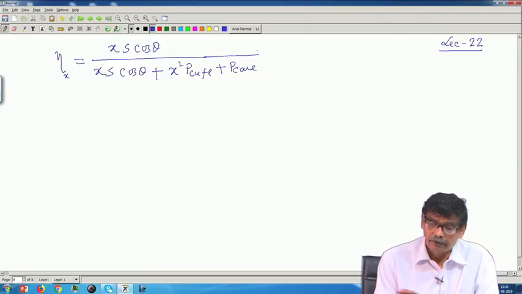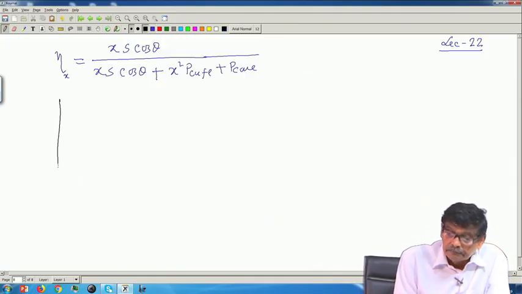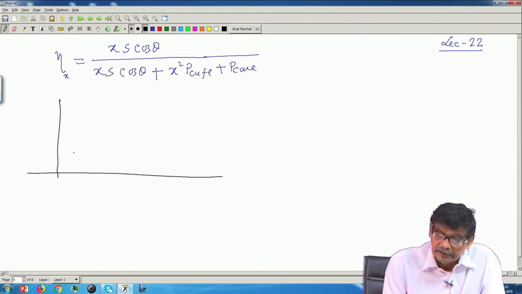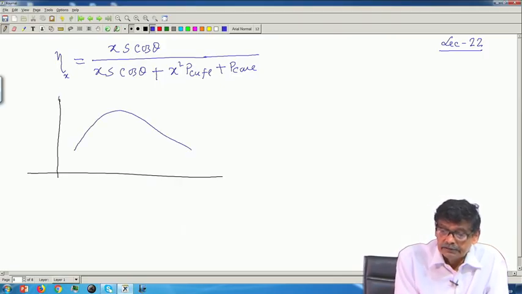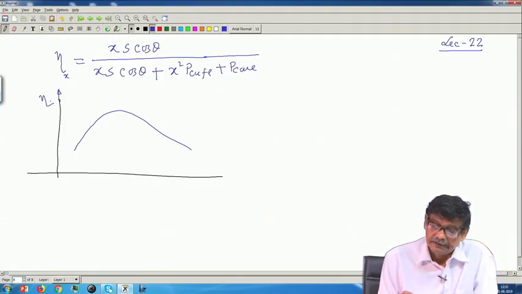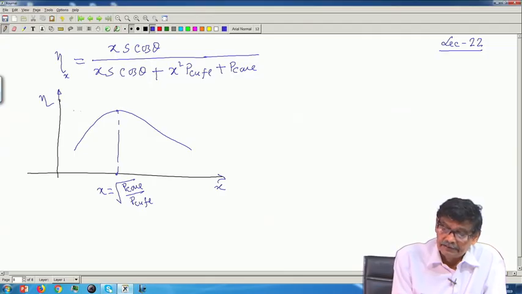And what I saw with this expression of efficiency is this: at a particular power factor, if you sketch it, it will be like this, and this is efficiency eta, and this is the load at which maximum efficiency will occur, P_core by P_CU full load, and this is your x, this is eta max.